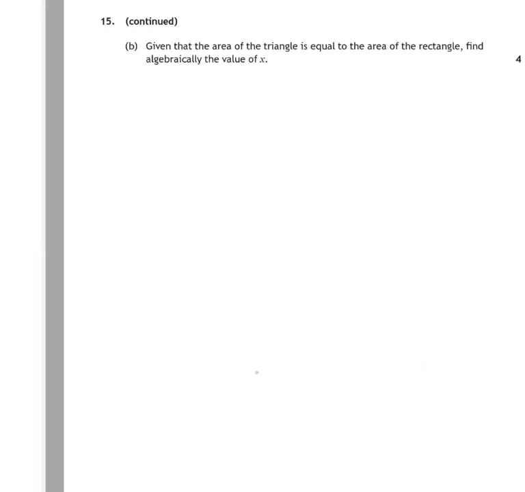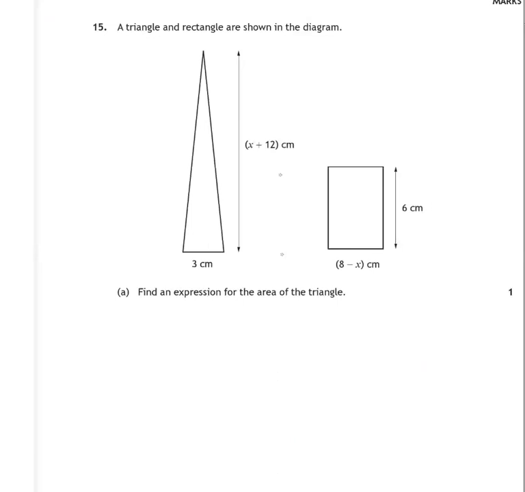I think this is the last question. Yeah, end of paper. So question 15, a triangle and rectangle are shown in the diagram. Find an expression for the area of the triangle. So the formula for area of the triangle is a half base times height.